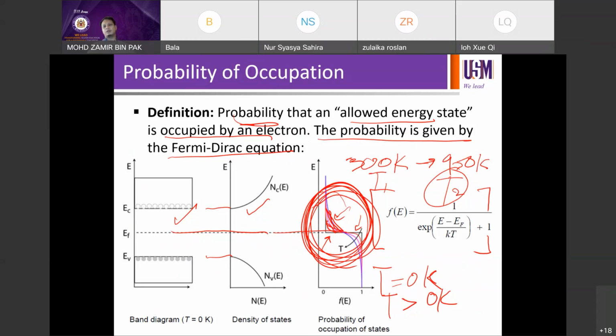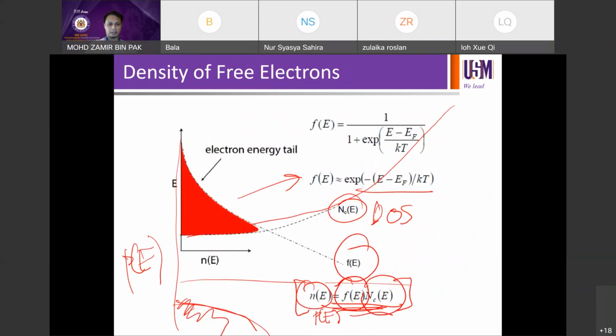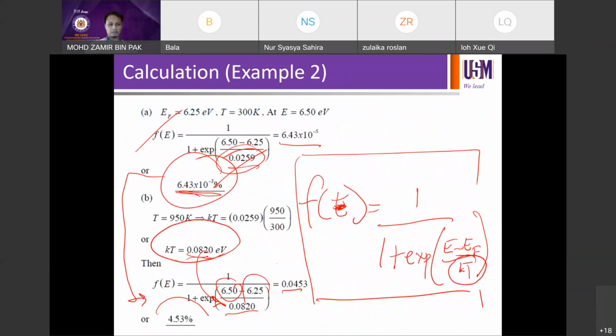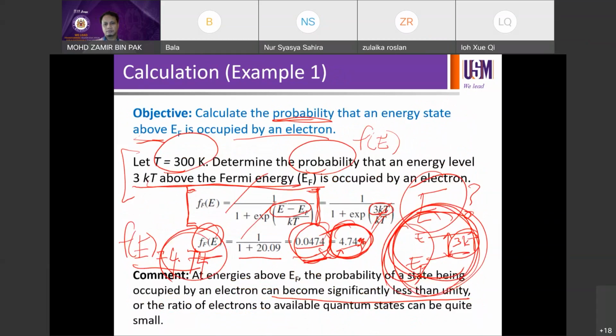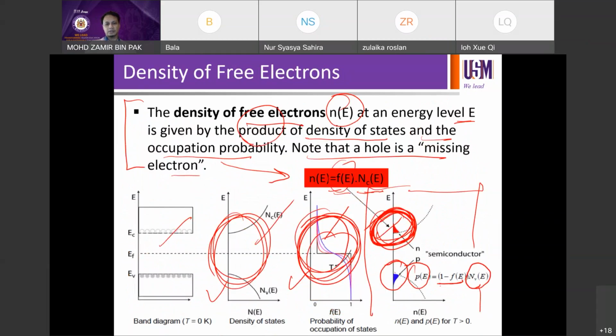So you're going to see more and more electrons being thermally excited. In this case, at T1 you're going to get 6.43 times 10 to the minus 3%. Then at T2, when you increase, you're going to get 4.53%. So that is essentially what you're going to get when you increase the temperature to a higher value than the previous condition.